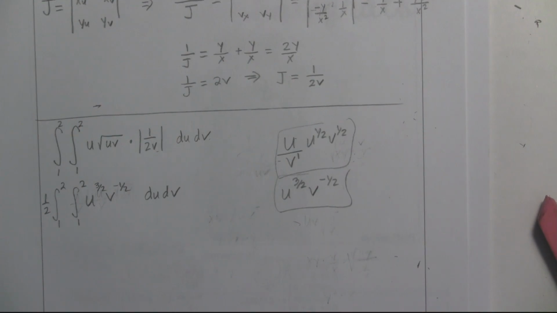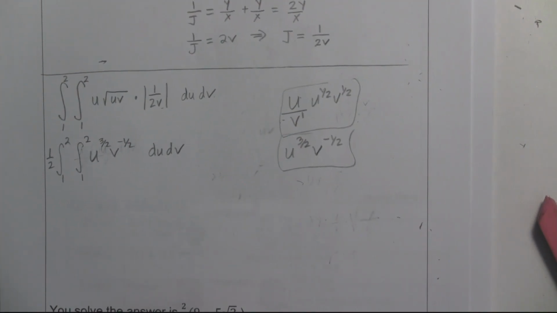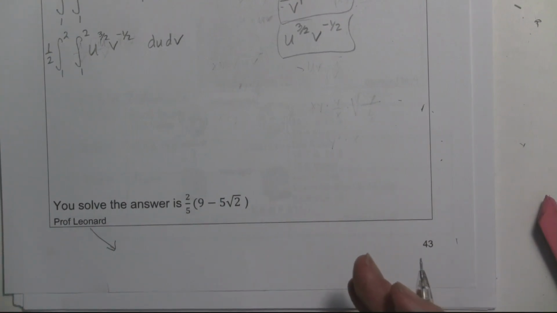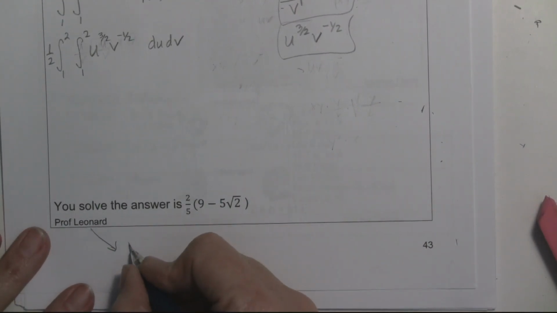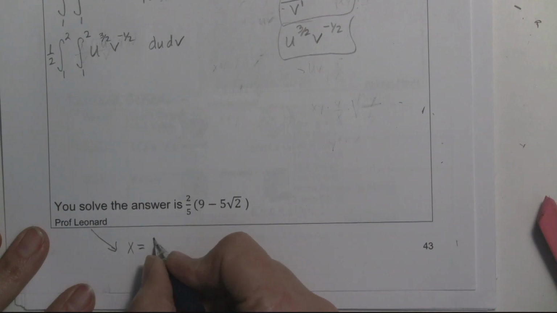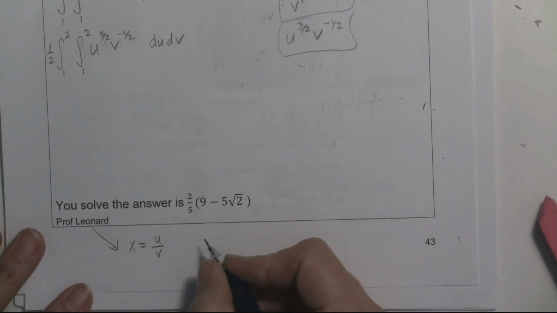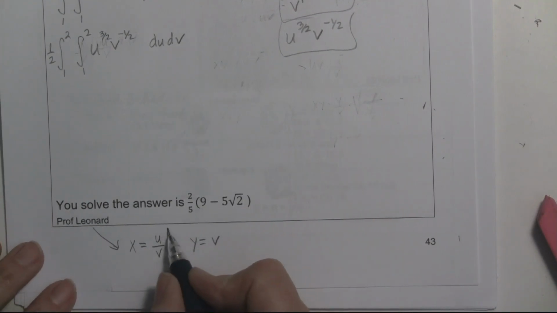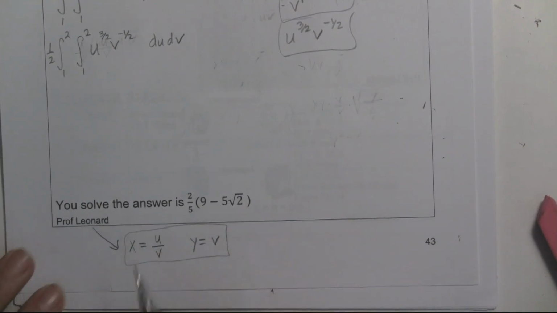Professor Leonard also did this problem and got this same answer. What he used for his transformation was x equals u over v, and y equals v. So give it a whirl and see that you get the same answer.